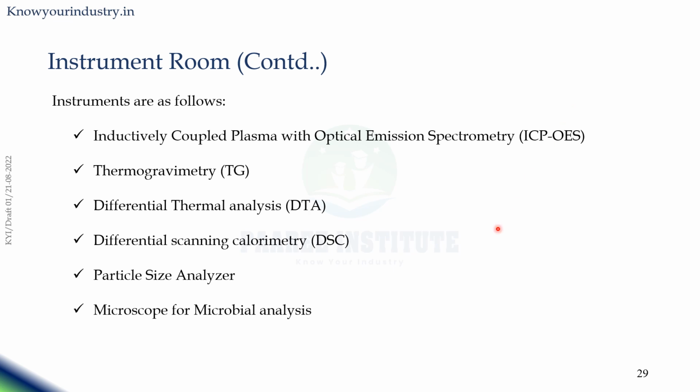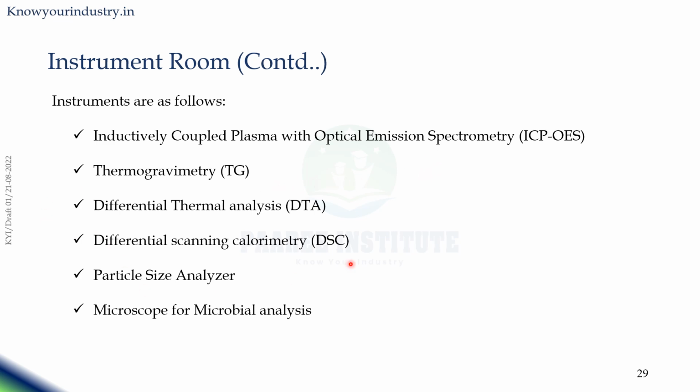We have seen many instruments which are available in a pharmaceutical analytical laboratory, but for the characterization of solid materials and other specific samples, there are some additional instruments like differential scanning calorimetry, particle size analyzer, microscopies, and thermogravimetric analysis instrument.